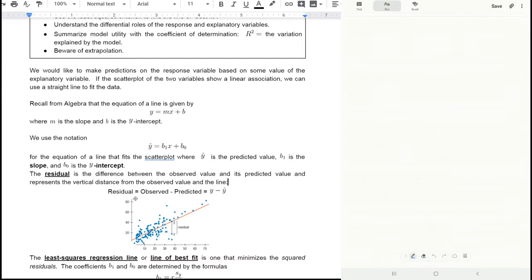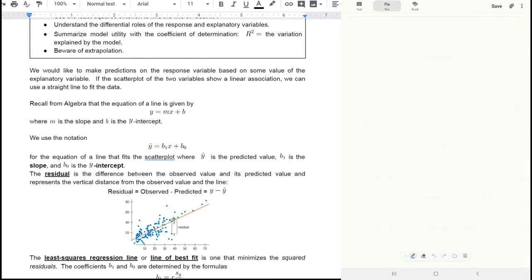Now let's suppose we have this scatter plot here, and this is the line that passes through the data. Now if we're given some observation, we'll call it y, then the line will predict a certain value for this particular explanatory variable.